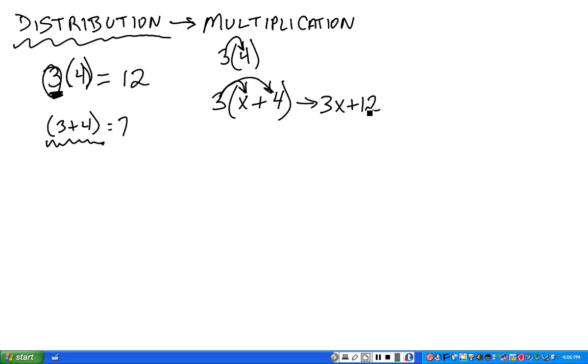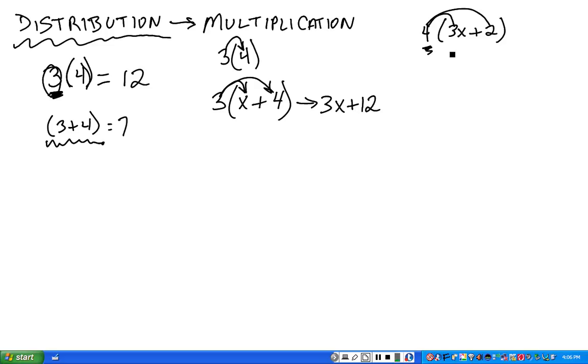Okay, so let's look at a couple of other examples real quick. Let's say 4 times (3x plus 2). Here again we have the 4 right next to the parentheses, so we would say 4 times the 3x and 4 times the 2.